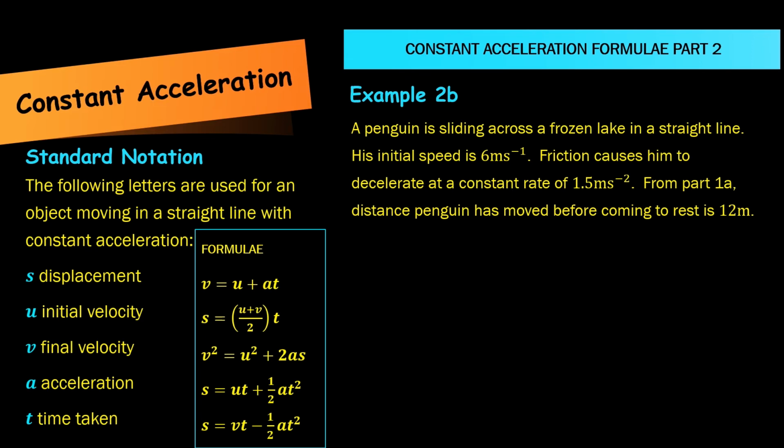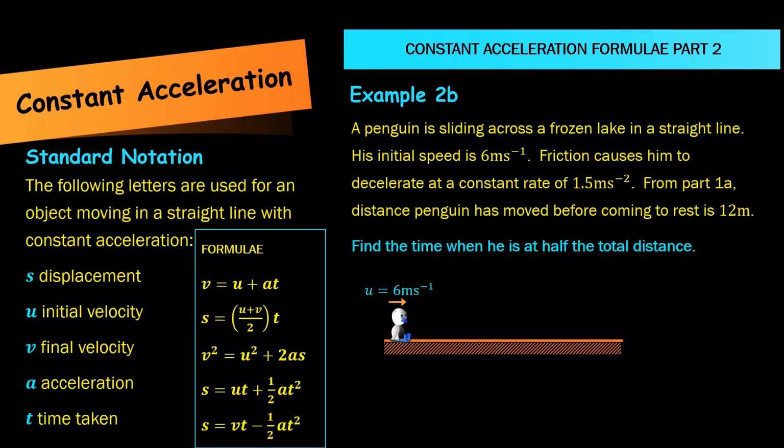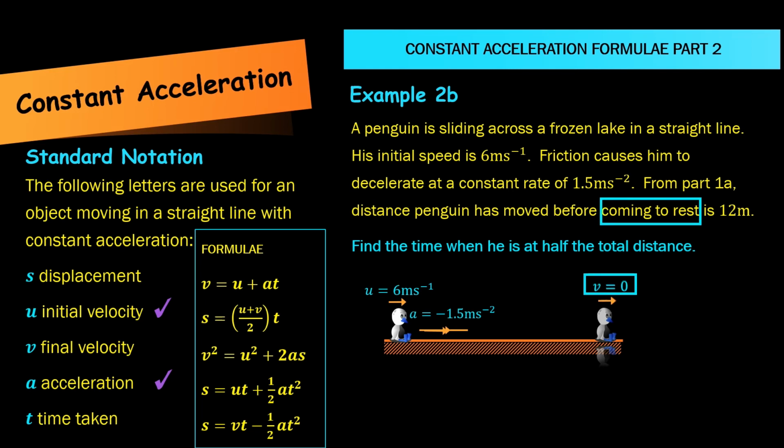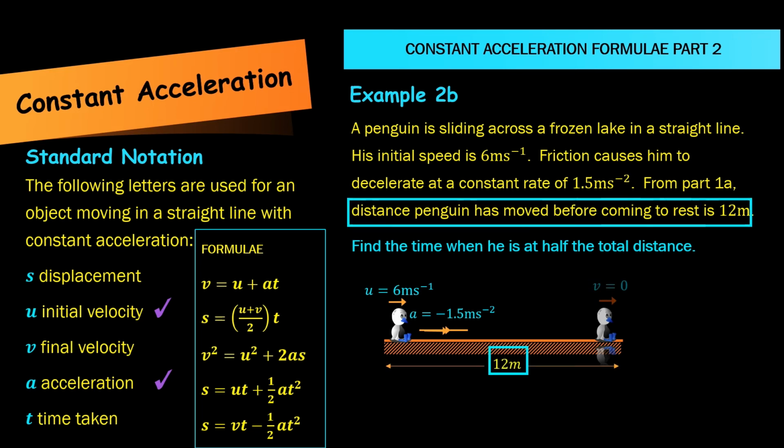And now for part B. We are required to find the time when he is at half the total distance. So let's sketch this again. We have initial velocity u equals 6 meters per second. Acceleration minus 1.5 meters per second squared. Velocity, or the final velocity here, v equals 0, but we're not considering this part of the journey.